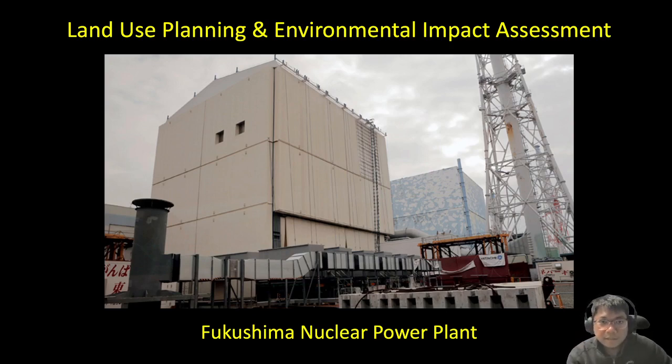So again, we need those alternative energy resources, but at the same time, we also have to consider the geology of the areas.